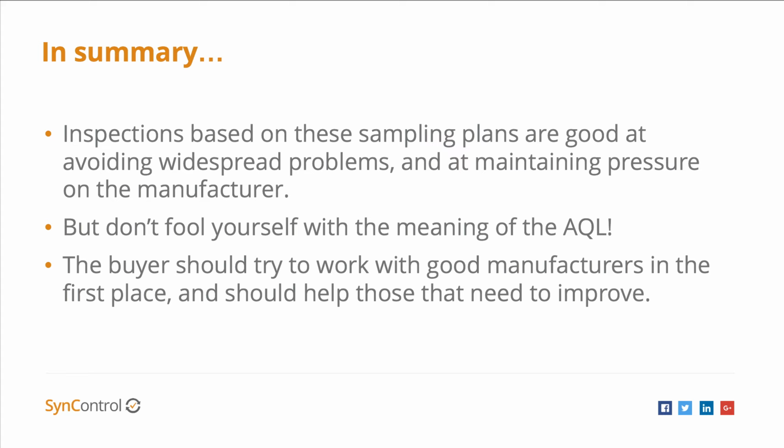In summary, you can use the statistics in the AQL tables if you want to find some widespread defects. But don't fool yourself. If you say the AQL is 1%, it doesn't mean any batch with more than 1% of defect would be rejected. That's not the way it works, not 100% of the time anyway. Okay?